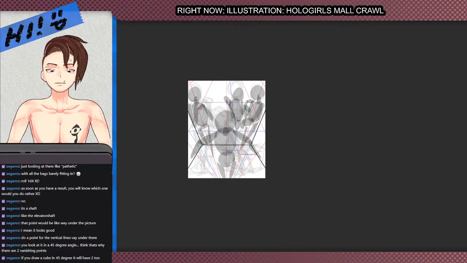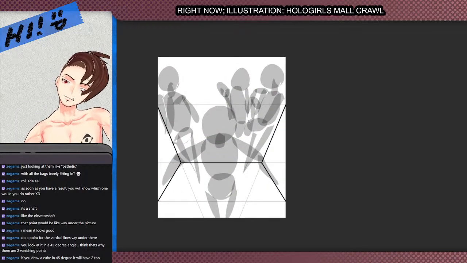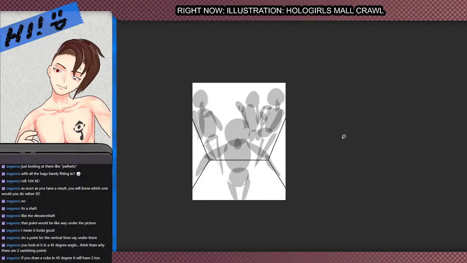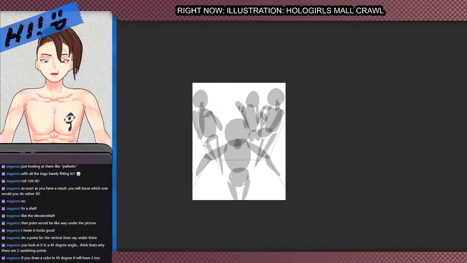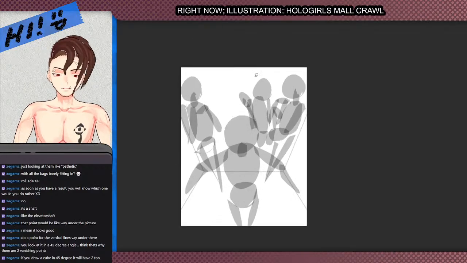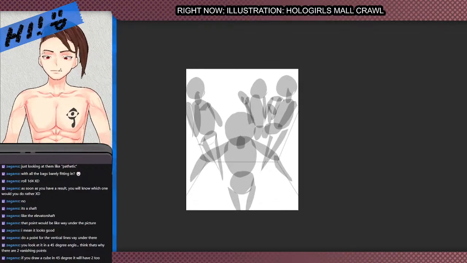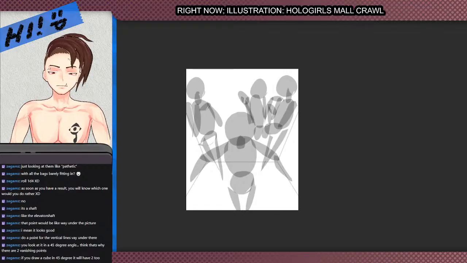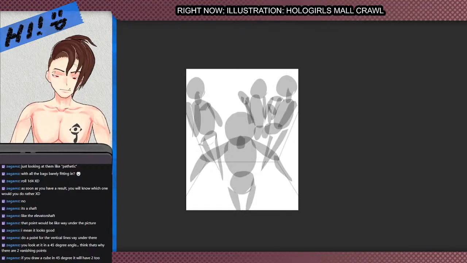Okay. And those can disappear. I guess those lines can be like that. So now we know a little bit more about our characters and how they are going to be positioned. That's cool. That makes a lot of sense.